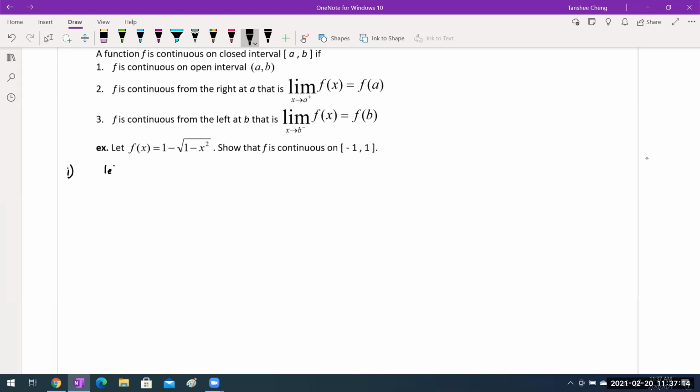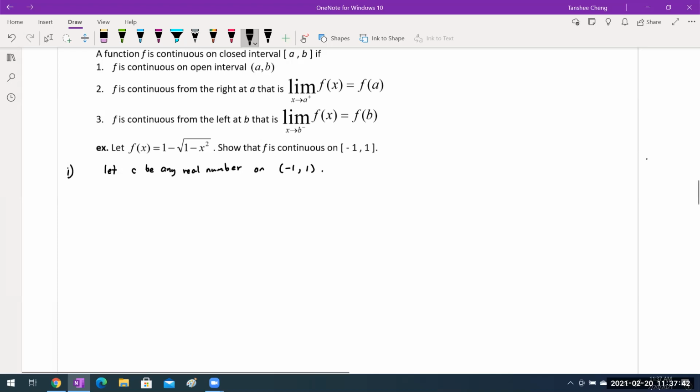So I will say, let C be any real number, let's put it more precisely, on the interval of -1 and 1.